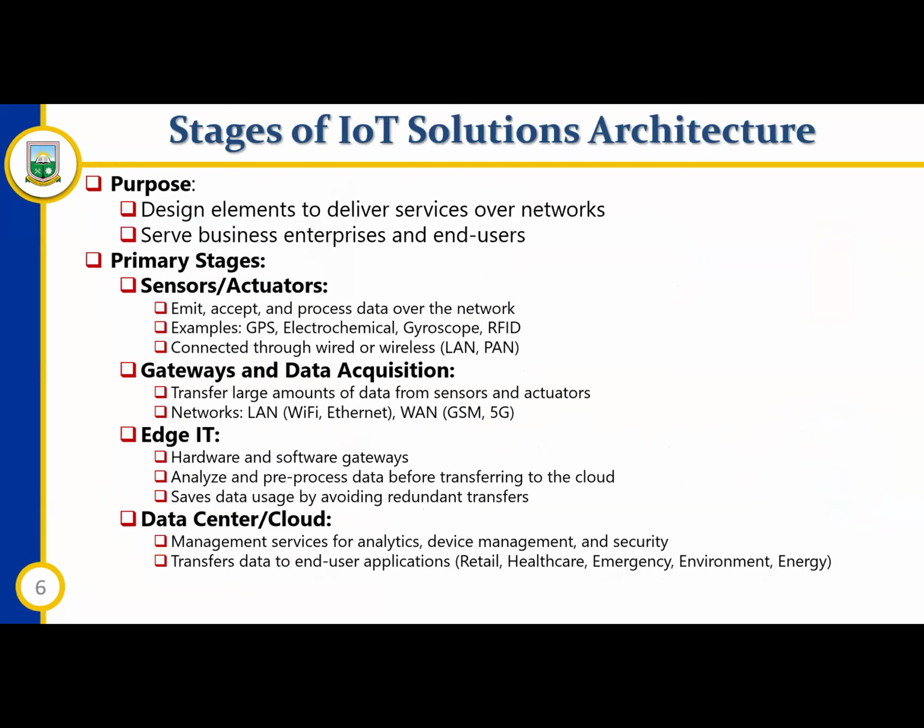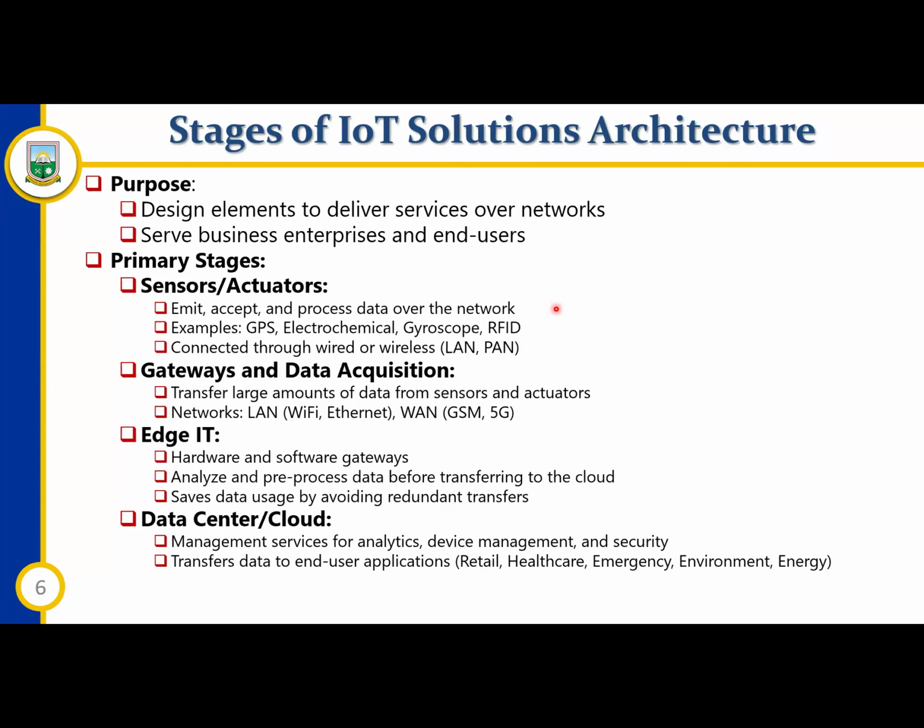Now, in terms of the stages of the IoT architecture, there are several layers of IoT built upon the capability and performance of the IoT element itself. Usually they provide the optimal solution to most businesses and also end users. Generally, IoT architecture is the fundamental way to design virtually all the various elements of the IoT.